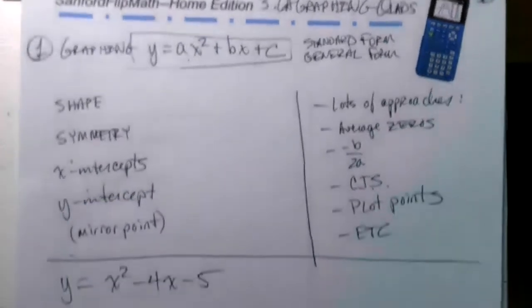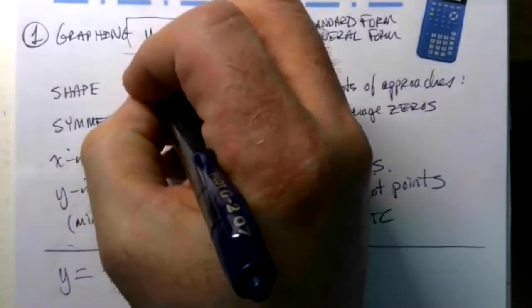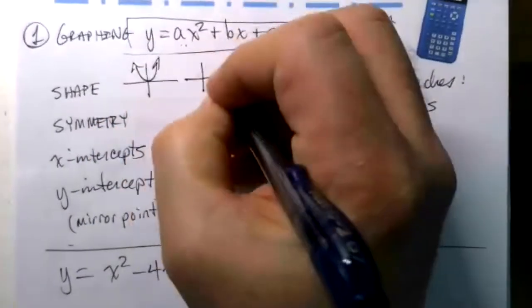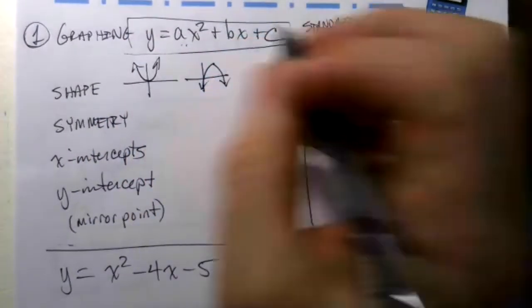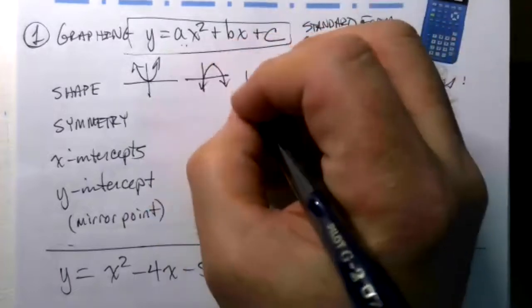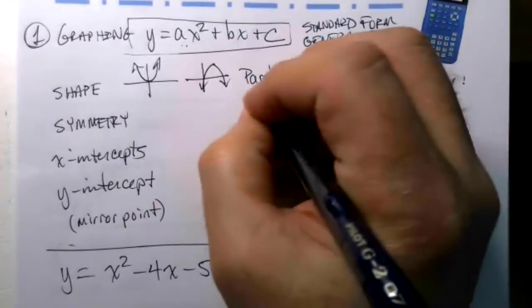The things that we're going to hit here are specifically shape, and we'll see in just a second that these graphs look like a U shape. They could be located in a different spot on the graph, but they always have that U shape, which is called a parabola.